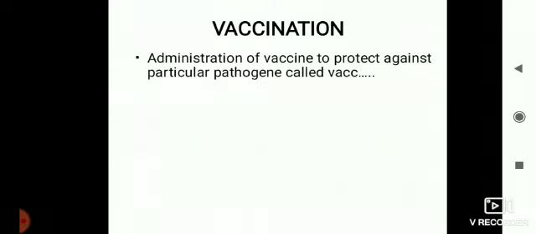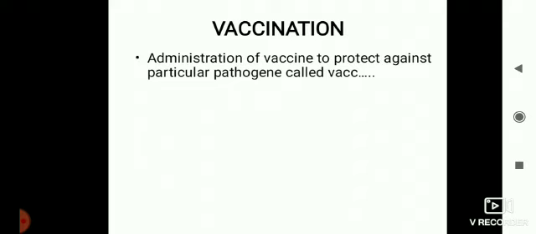In the examination, the question may come, write a note on vaccination. Vaccination means what? It is administration of vaccine to protect against a particular pathogen. You know the pulse polio program or vaccine against typhoid or TB.